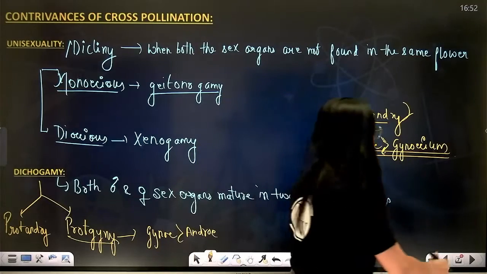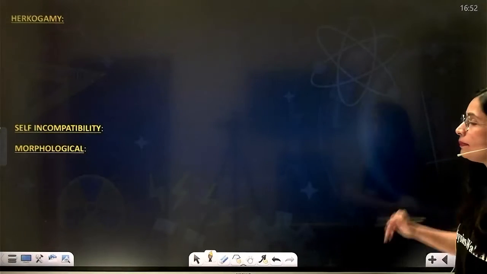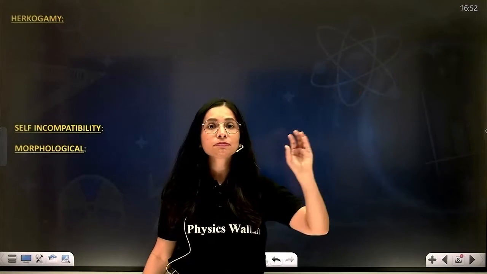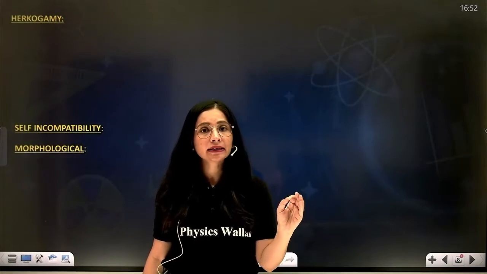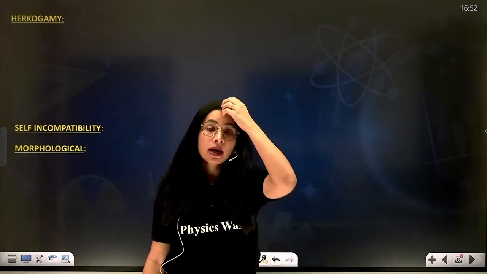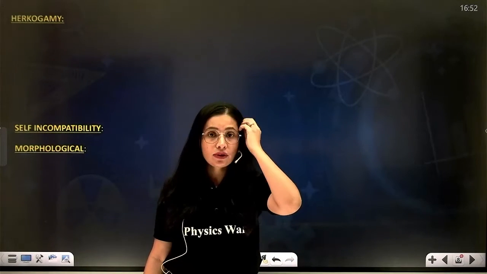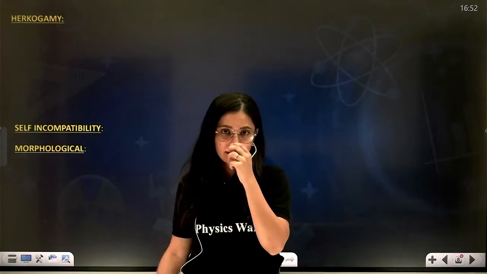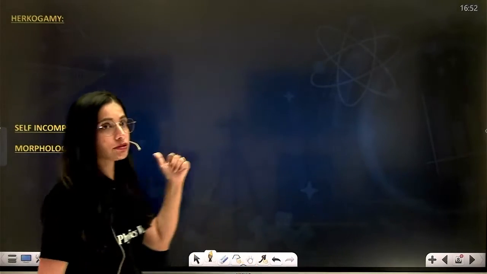Moving towards the next. The third important is hercogamy. Hercogamy means presence of a physical barrier in between the gynoecium and androecium if present in the same flower, like you see in the case of Calotropis. I'll show you, but first let's write.